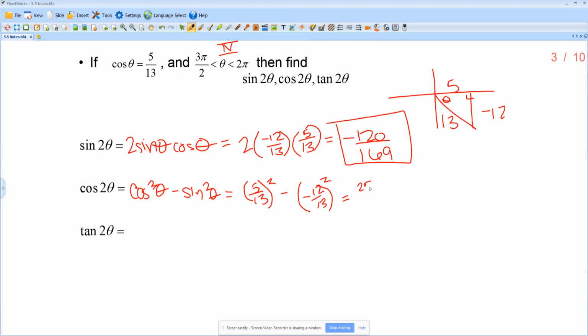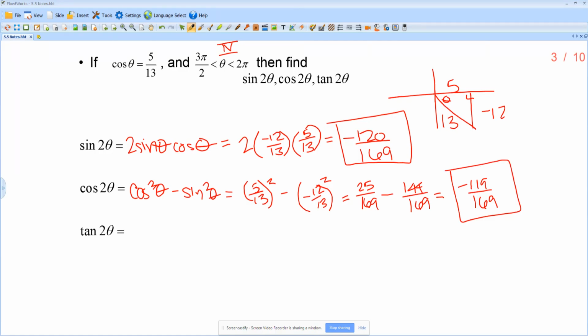So that gives me 25 over 169 minus negative 12 squared, which gives me 144 over 169. So when I subtract this, I get negative 119/169.